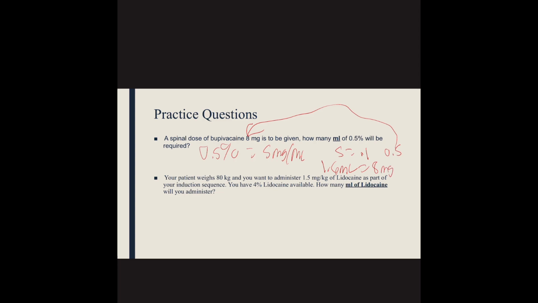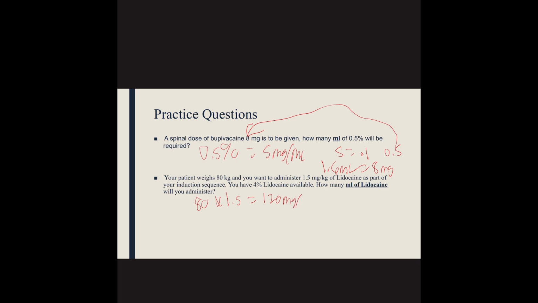The next question says your patient weighs 80 kilograms and you want to administer 1.5 micrograms per kilogram. So 1.5 times 80. We know that 40 is half of 80, so we have to do 80 plus 40, which will be 120 milligrams per kilo, or milligrams, not per kilogram.